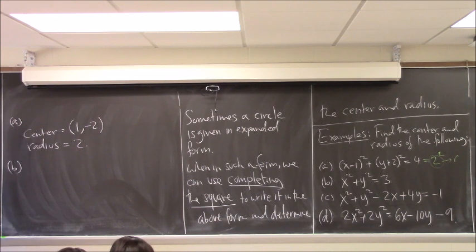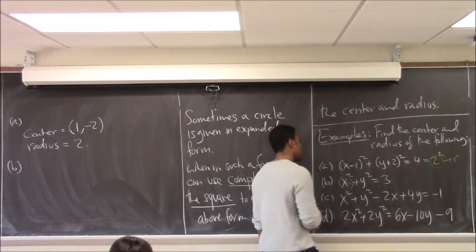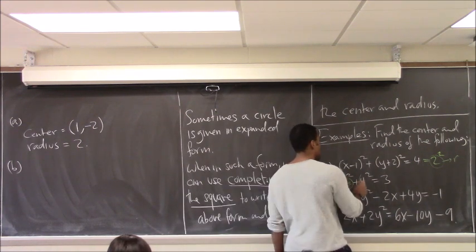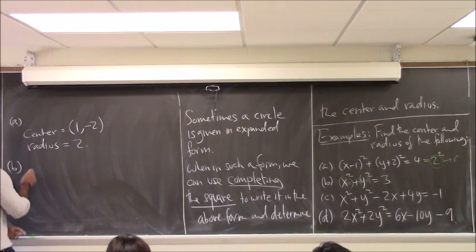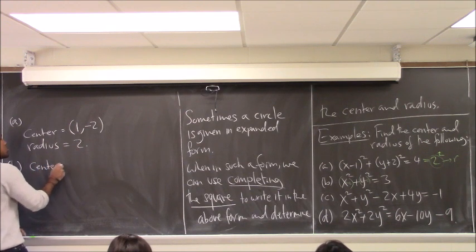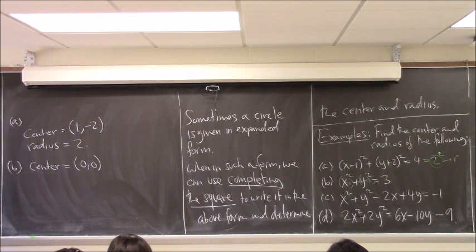Okay, B. The center should be (0, 0), right, because you can think of x squared as (x minus 0) squared, and you can think of y squared as (y minus 0) squared. And so the center here is (0, 0). This circle is centered at the origin. Radius?